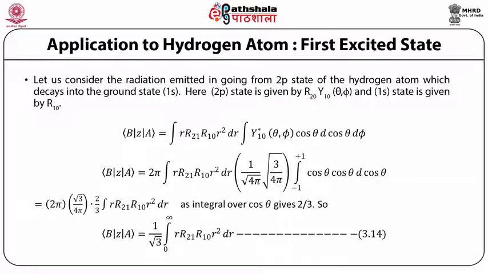And so the whole thing becomes 2 pi into root 3 by 4 pi into 2 by 3 into the integral over dr of r into R_21, R_10 into r squared, as the integral over cos theta gives 2/3. So the matrix element of z between B and A can be written as 1 over square root of 3 into the integral from 0 to infinity of r cubed dr R_21 R_10. This we call equation 3.14.